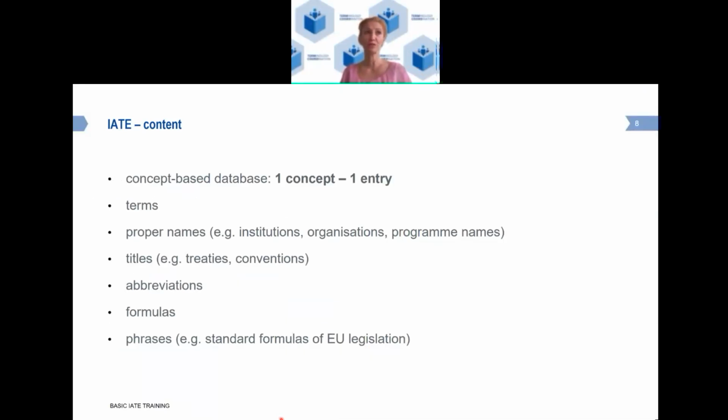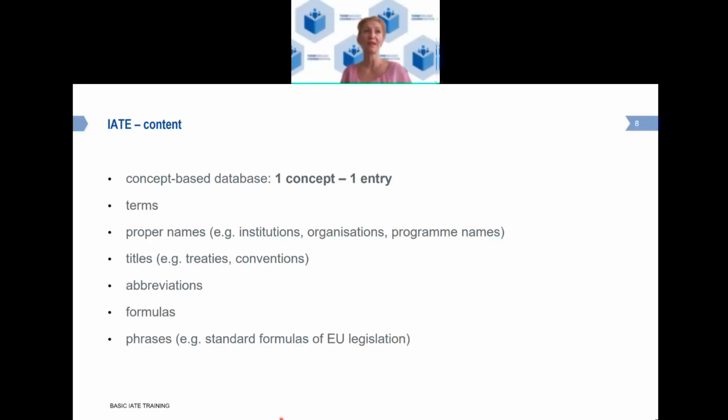And talking about the content, it is necessary to know that IATE is organized on the basis of concepts. So we have one concept, and that means one entry. We should not have one concept and two different entries.